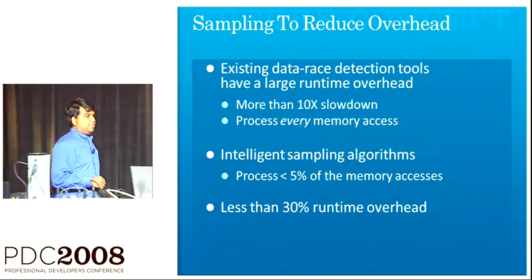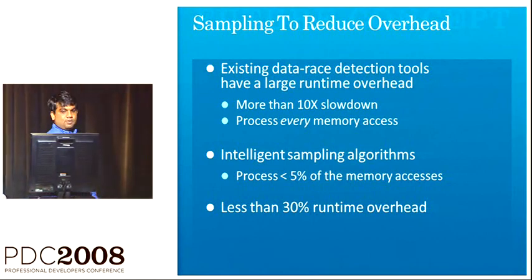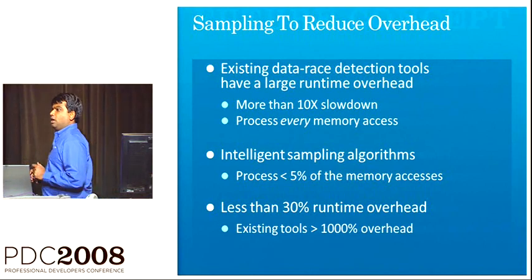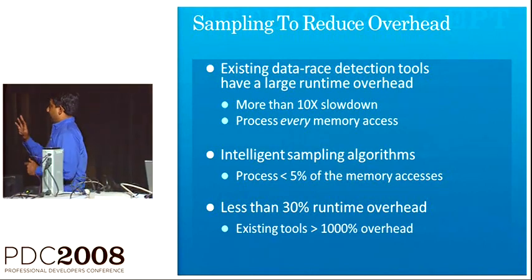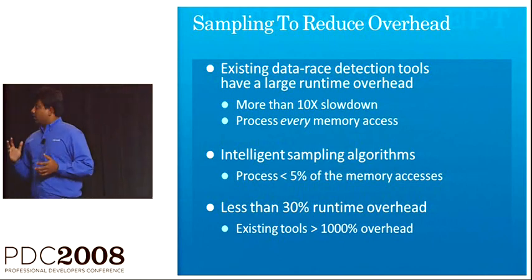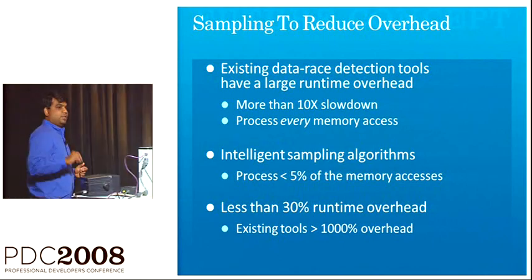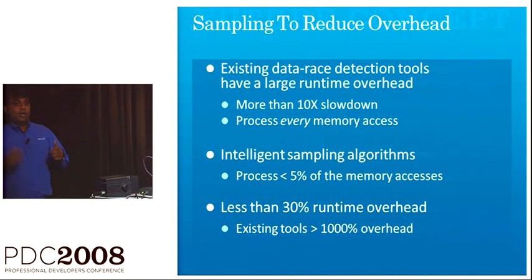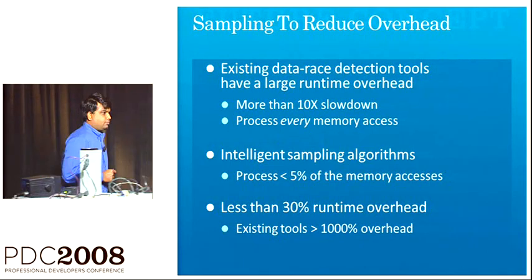Our best sampling algorithm only processes 5% of the memory accesses, and it adds less than 30% runtime overhead. Just to compare with existing tools, the 10 times is actually 10,000% overhead. So we just add a 30% runtime overhead, and we're able to find data races in your program.